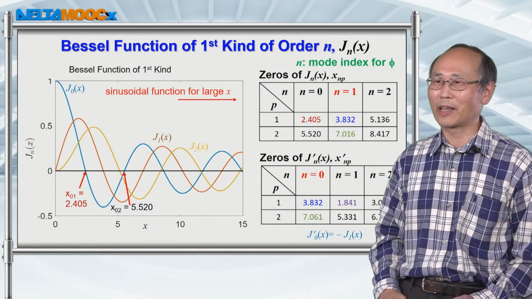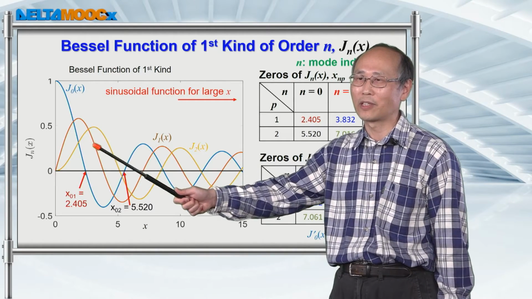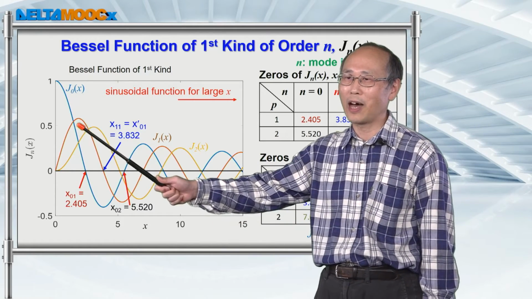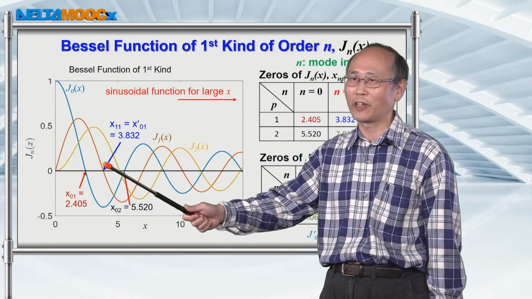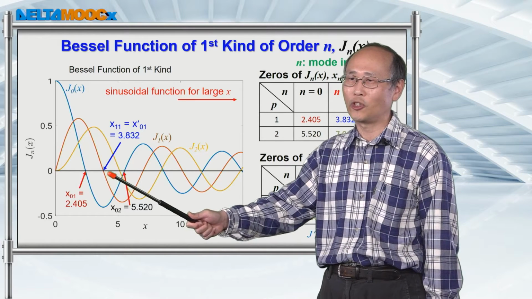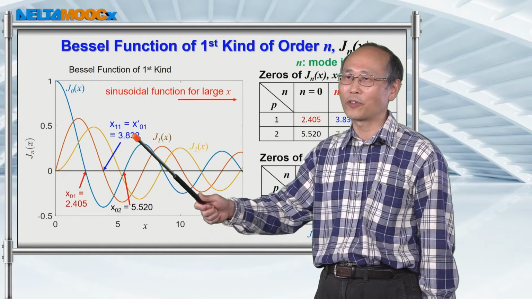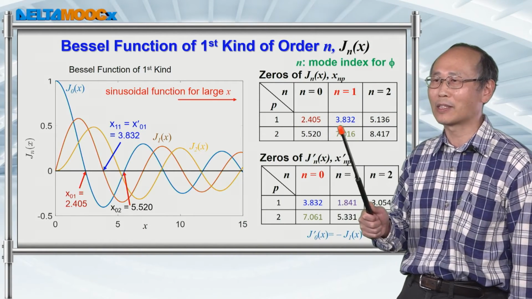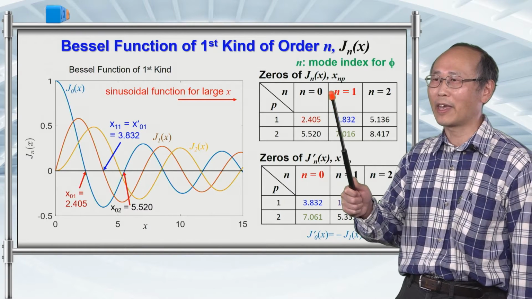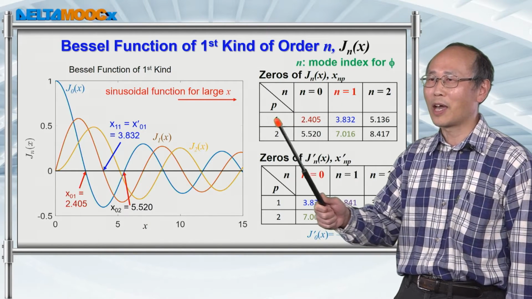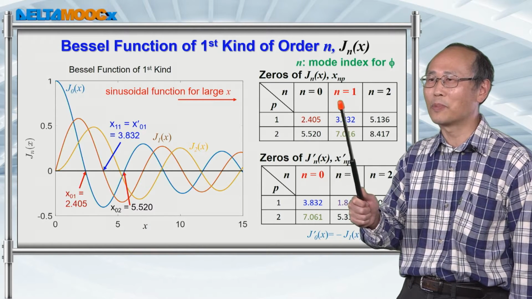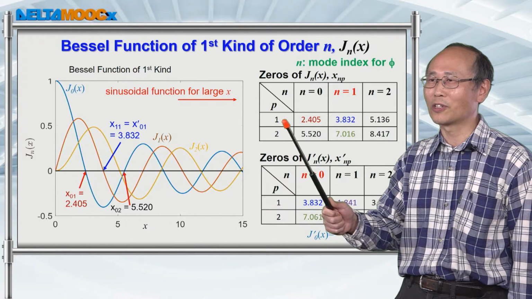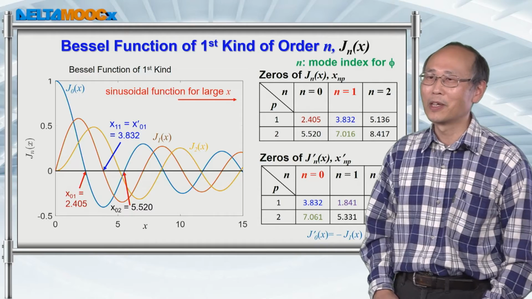We can also look at the zero crossings for different curves on this diagram. For example, if we now pay attention to this J1 curve right here, the first zero crossing for the J1 curve is going to be at 3.832, and we label this as x11 right at this location of this chart. n equal to 1 and p equal to 1, where n is the mode number in the phi direction, and this 1 is the first zero crossing for this J1 function.